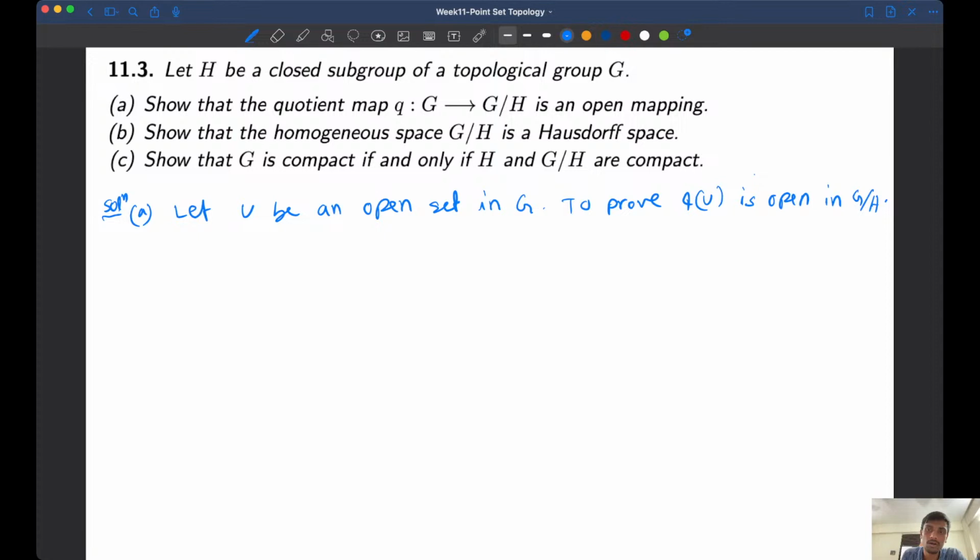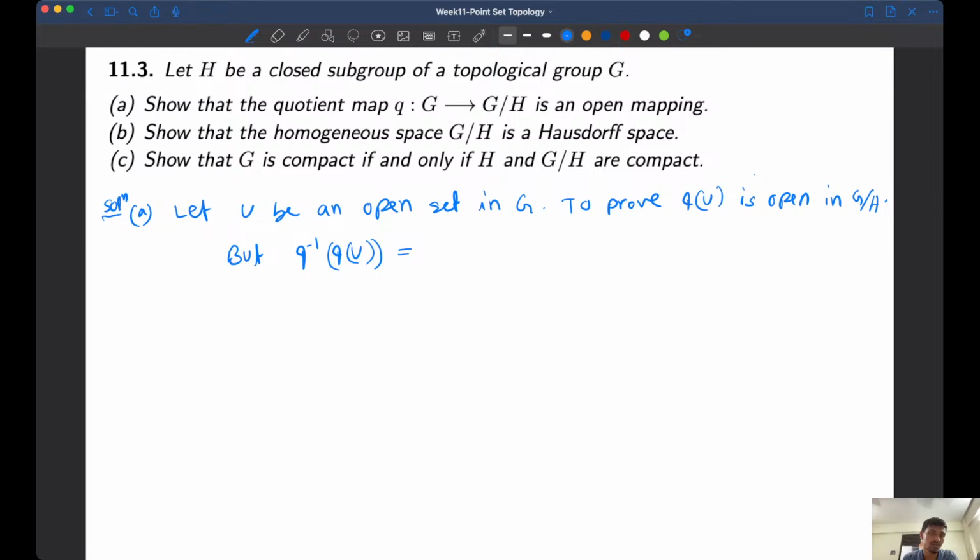So what will be this thing? Can I write this as a union of open sets so that I can say this is open? What is the inverse image of a single point?